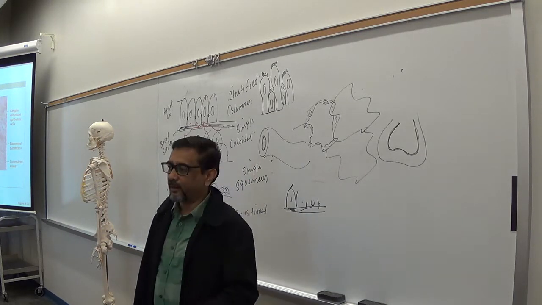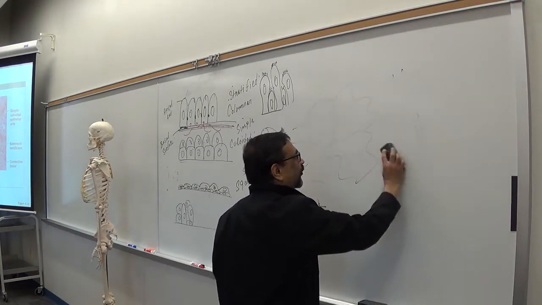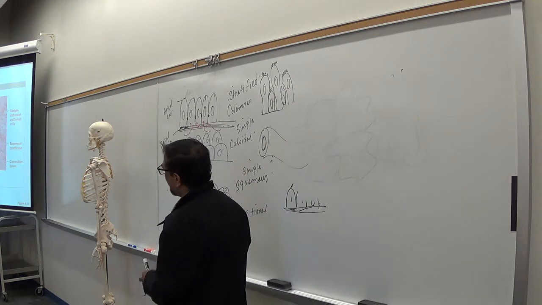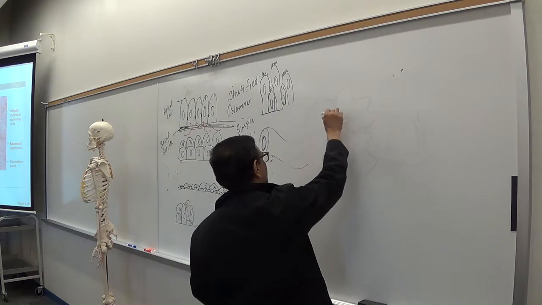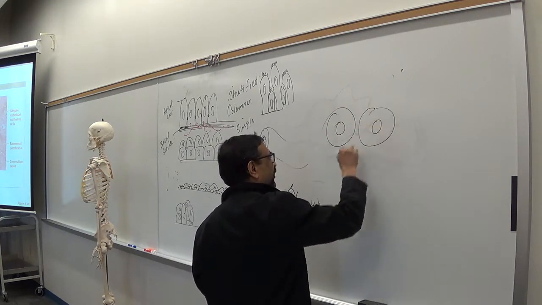Simple cuboidal. Here you see the cross section of many tube-like structures like this. This is one tube-like structure, another tube-like structure.